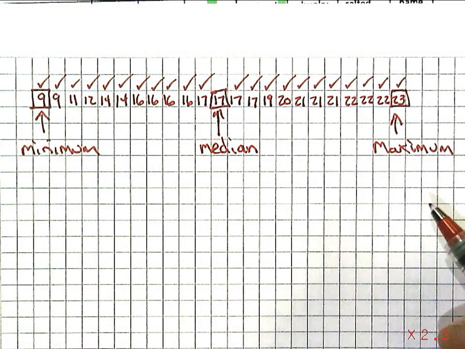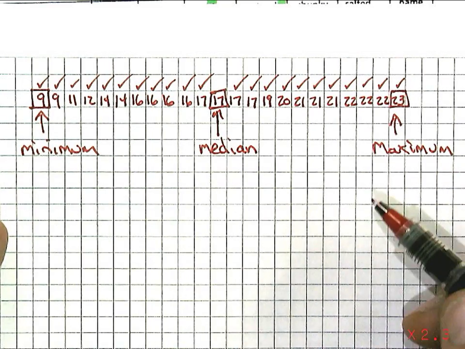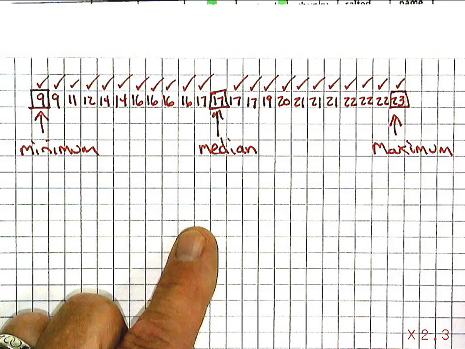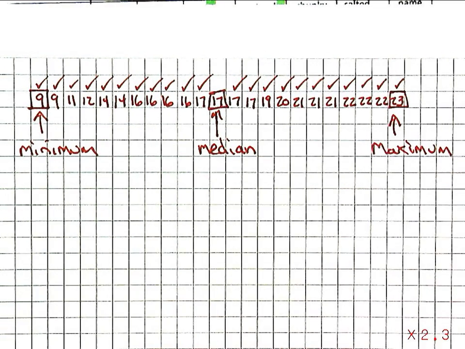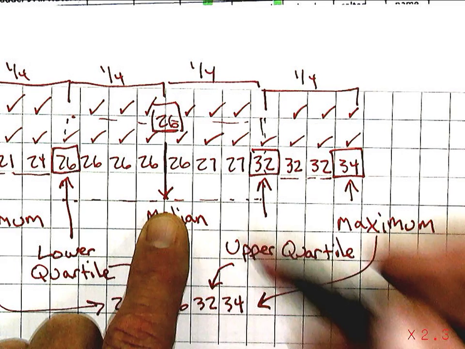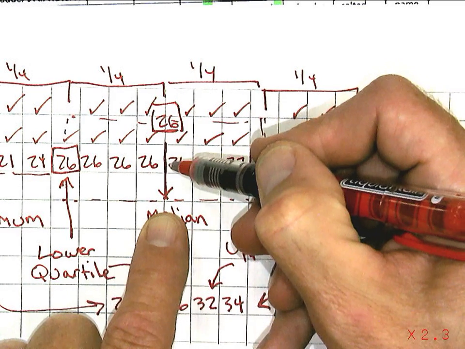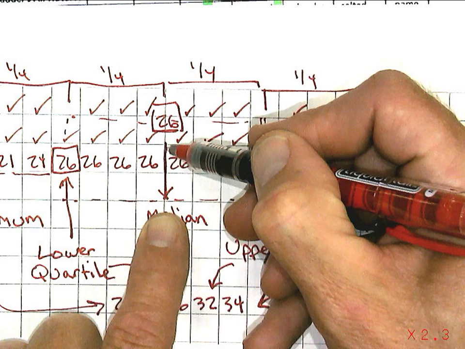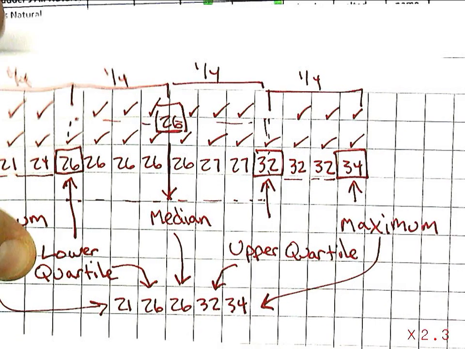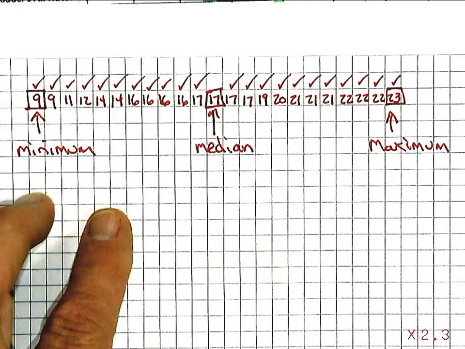And now we need to find the middle of the bottom and the middle of the top. Now the one thing that happens when you have a median that is a number instead of between numbers, see, like for instance in this one, the median wasn't actually a number. It was between 2 numbers. It happens to be 26, but the median is really between the two 26s, so we just call it 26. In the case of this one, the median is actually a number.